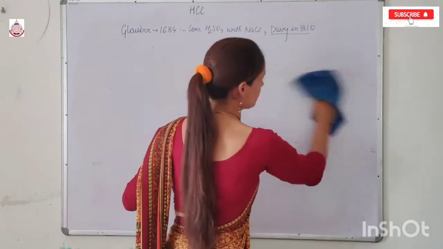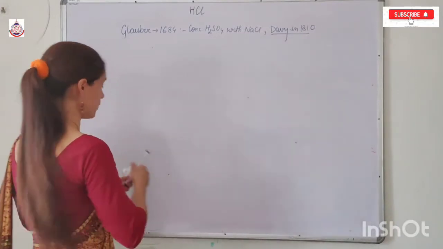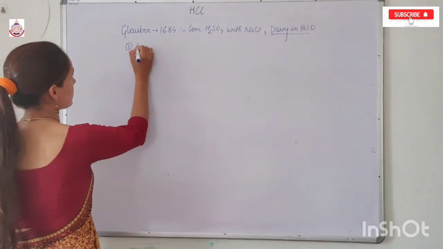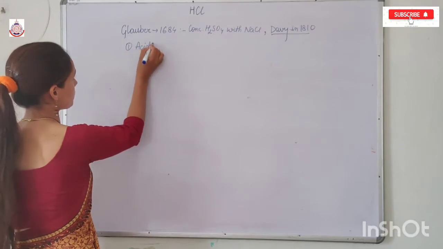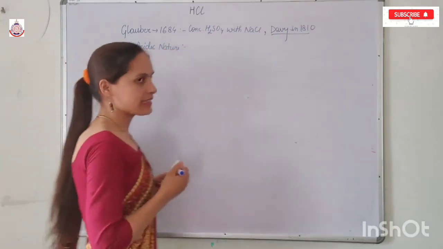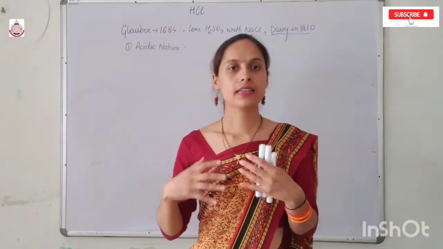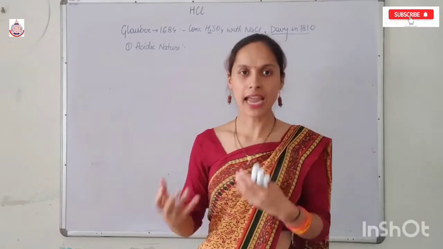The first chemical property of HCl is its acidic nature. It ionizes in water and behaves as an acid.